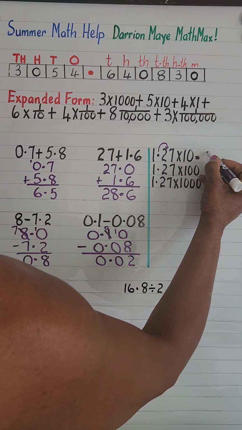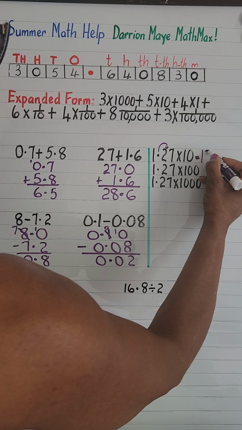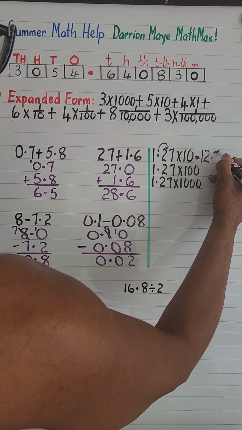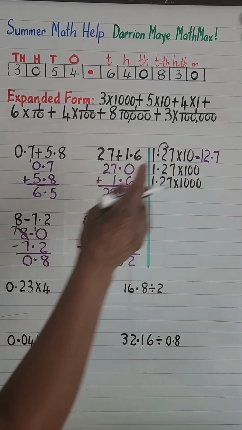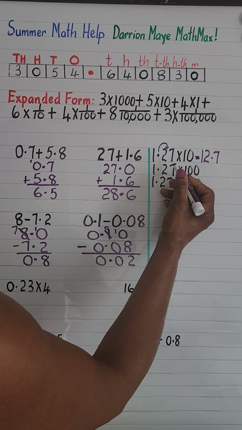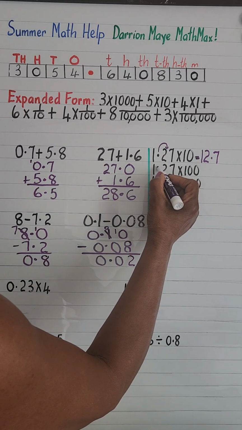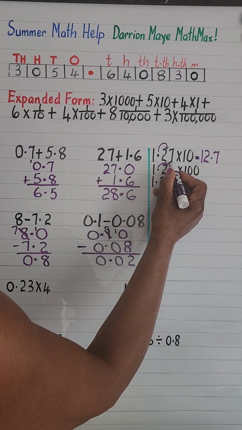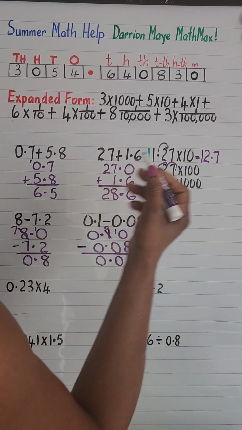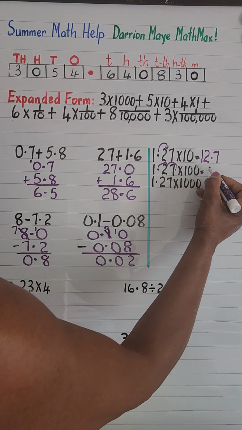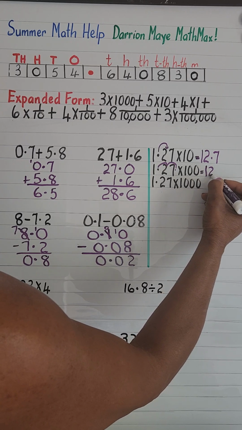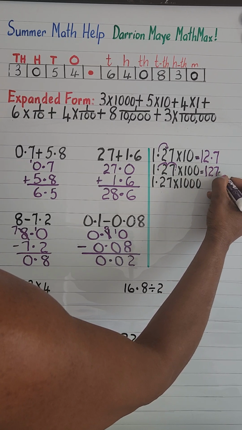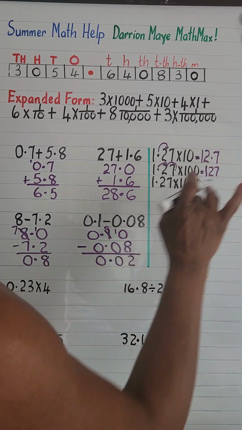So here we have 12.7. Next, to multiply by 10 to the second power, which is 100, move the point two places to the right. 1, 2, so the point is now behind the 7. So that is equal to 127 point, which is the same as 127.